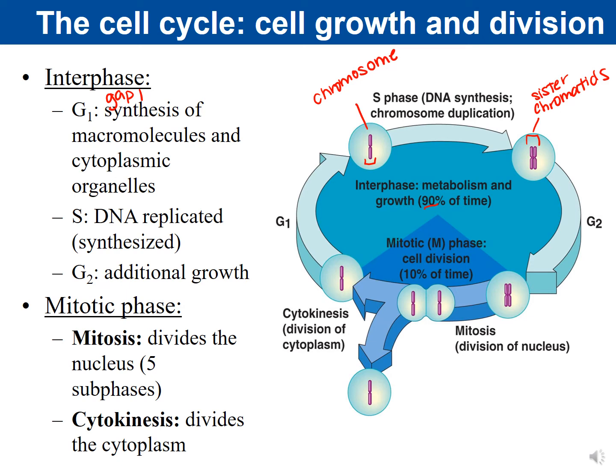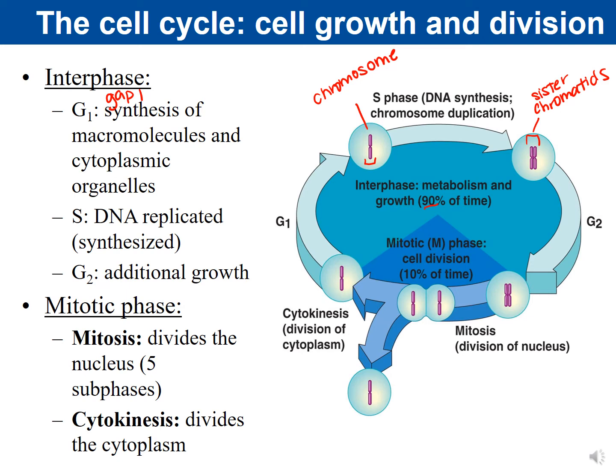So if I look at the one on the left, it has the exact same DNA sequence as the one on the right. And that's because in S phase is where DNA gets duplicated. So it's going to make an exact copy. After S phase, we have G2. G2 is just a phase for additional growth, and the cell is getting ready to divide.